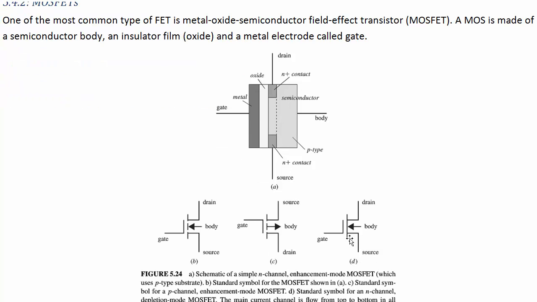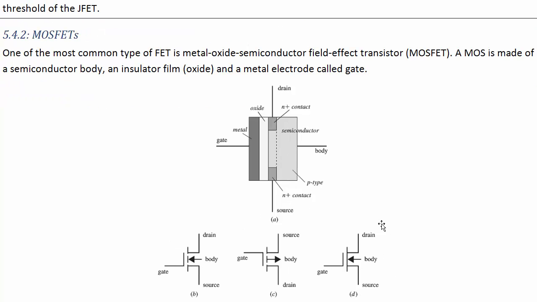The difference between enhancement and depletion mode MOSFETs, for our purposes, is what the resistance is when the gate voltage is 0. For an enhancement mode MOSFET, the resistance is normally extremely high, and you need to apply gate voltage to reduce that resistance. For a depletion mode MOSFET, the resistance is normally very low, and you need to apply gate voltage to increase that resistance.